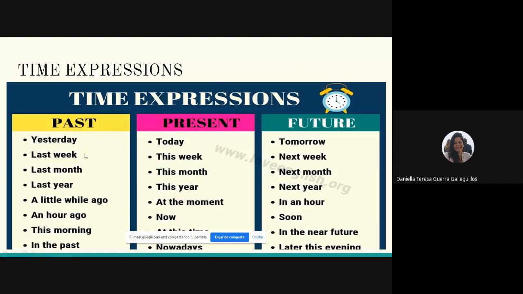There are expressions also when you tell a story. Expressions for talking about the past, like the typical yesterday, some time ago, 3 days ago, 4 days ago, a second ago, 2 years ago, last week, last month, last year, last summer.